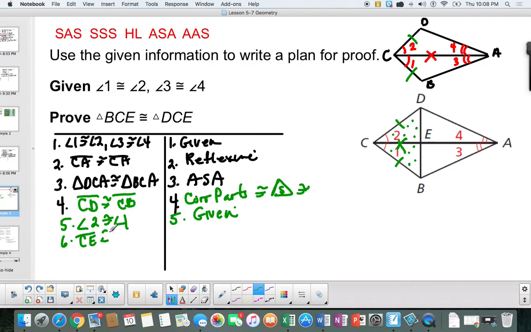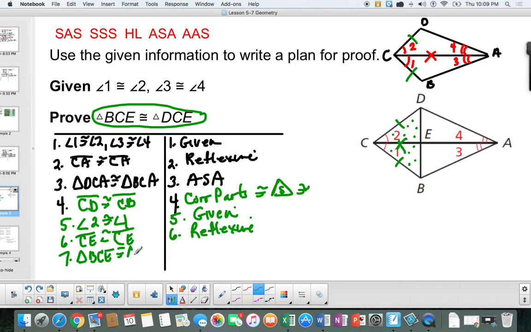CE is congruent to CE, and that's reflexive. And now I've got side angle side. So now I can get these triangles, which are the ones I wanted, congruent to triangle DCE, and the green triangles are congruent by side angle side.